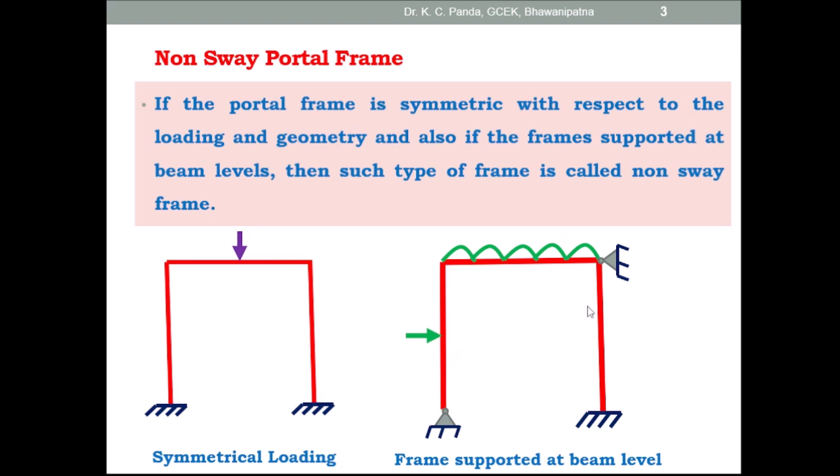Also, if the frame is supported at the beam level, then such a frame is also called a non-sway frame. So here also the sway is prevented. This is an example of a non-sway frame.